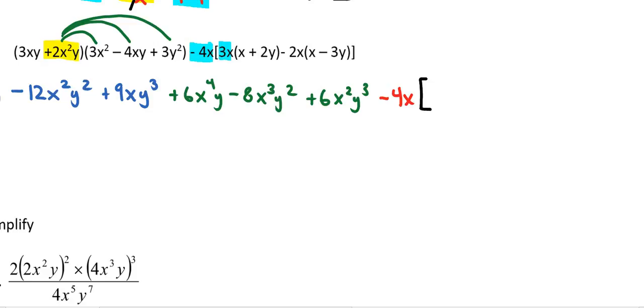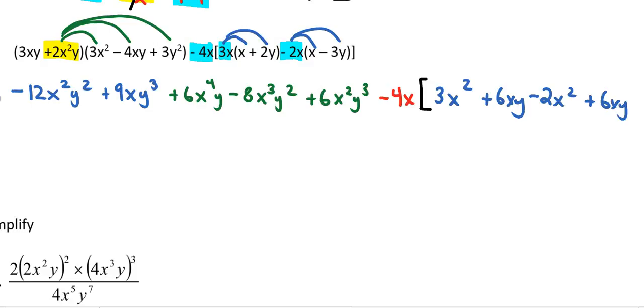If that 3x distributes onto the brackets, that's going to be 3x squared plus 6xy. And then I have this minus 2x, and if that distributes onto everything, that's going to be negative 2x squared plus 6xy. And then I'll close off the brackets there.